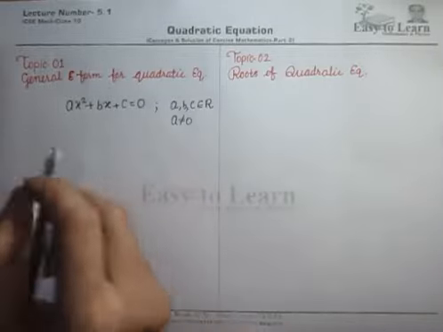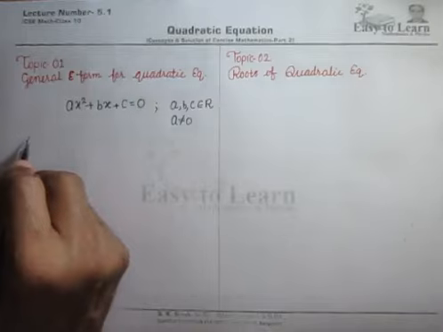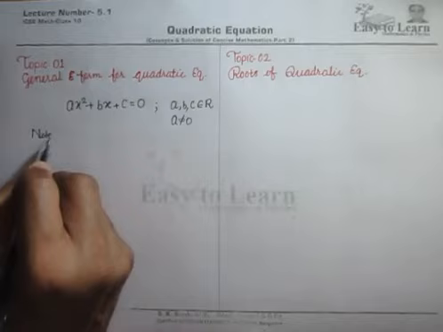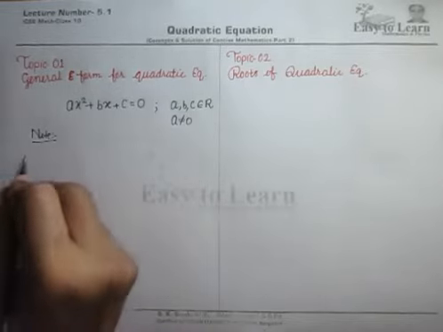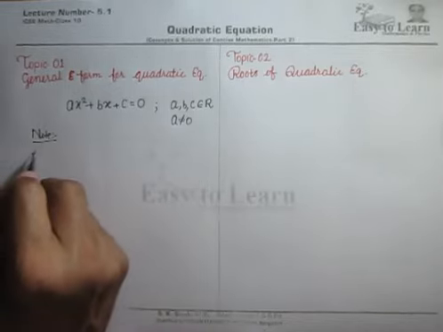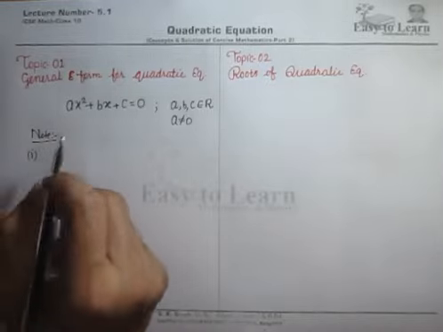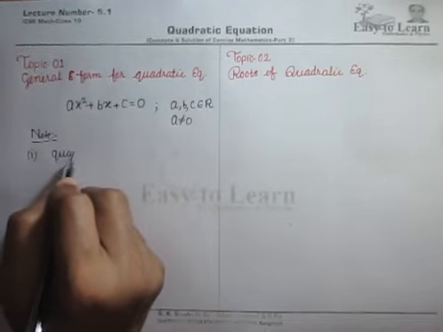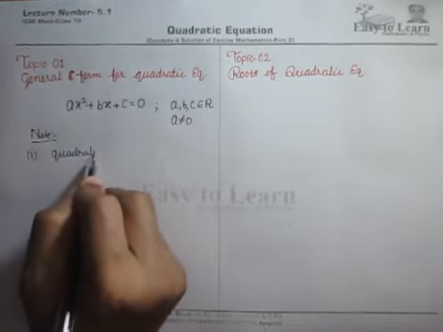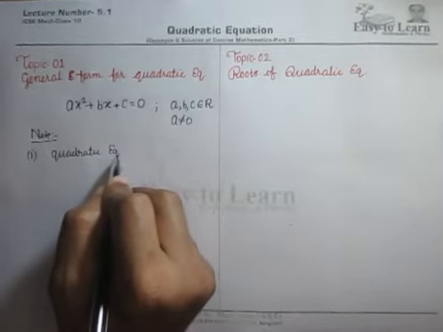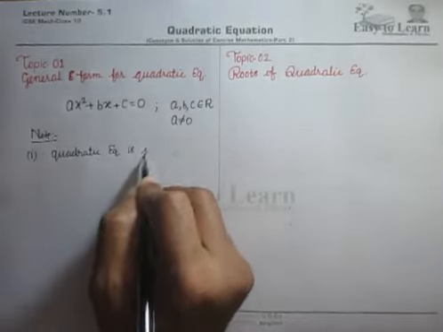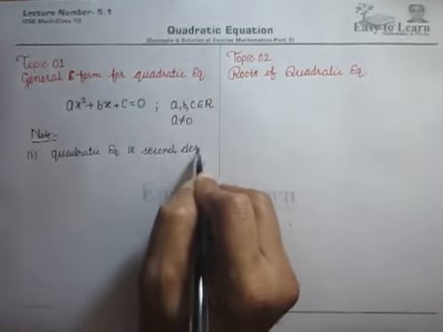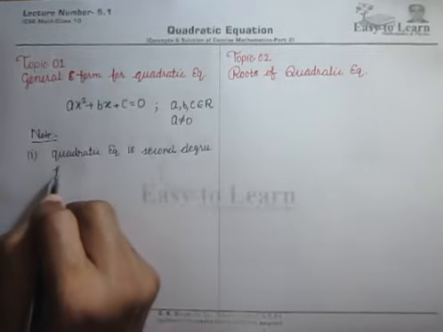Now, what you have to keep in your mind: first, a quadratic equation is a second degree polynomial equation.